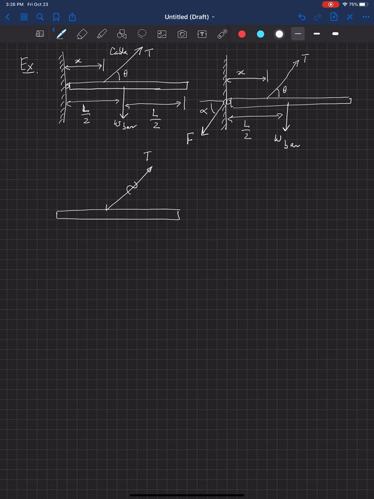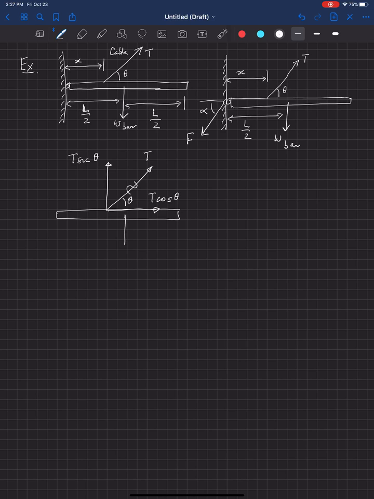So this is theta. This is T sine theta. This is T cosine theta. Okay, so I've got rid of T, I've got it in terms of its components.